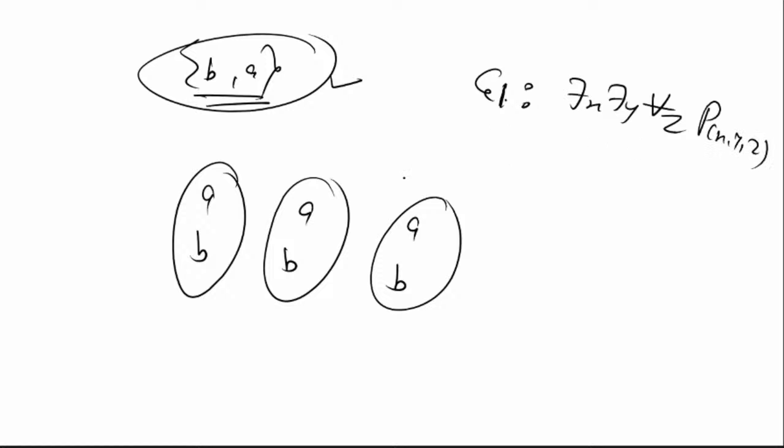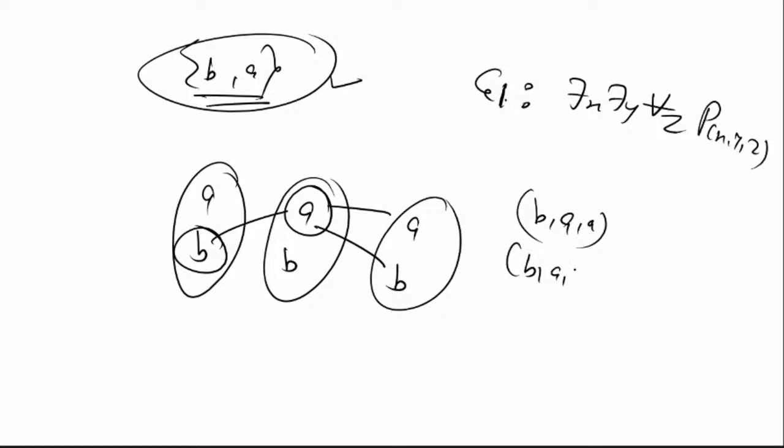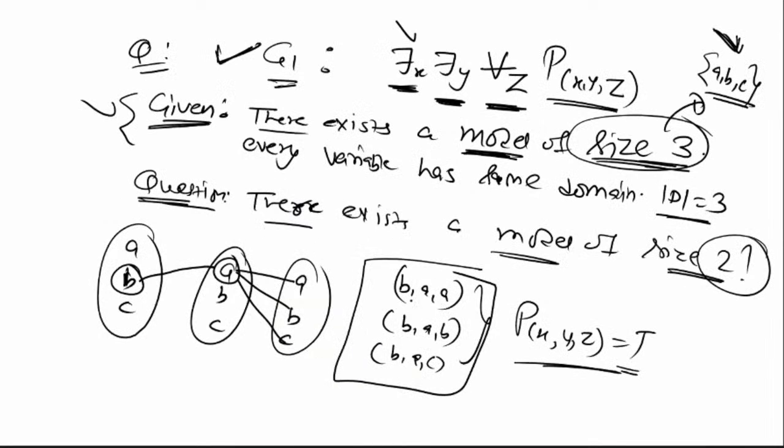This is our formula. Very easily you can see that from here you can take B, and from here you can take A. Now for BAA and BAB, for these two things it is already given to us that our P is true.